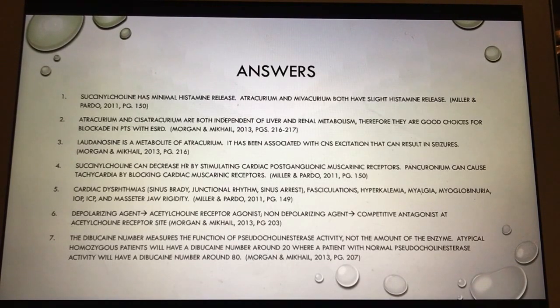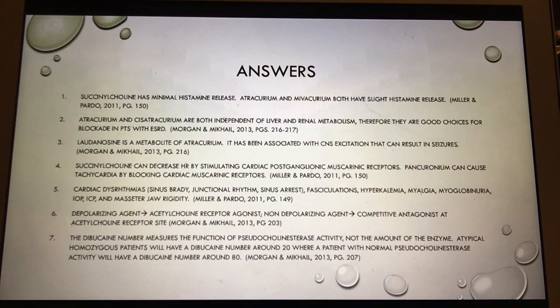Drugs for patients with end-stage renal disease, the atracurium and cisatracurium, because they're both independent of renal metabolism, therefore it's a good drug in these patients. Laudanosine, like we said earlier, it's a metabolite of atracurium. It's associated with central nervous system excitation, and it can cause seizures.